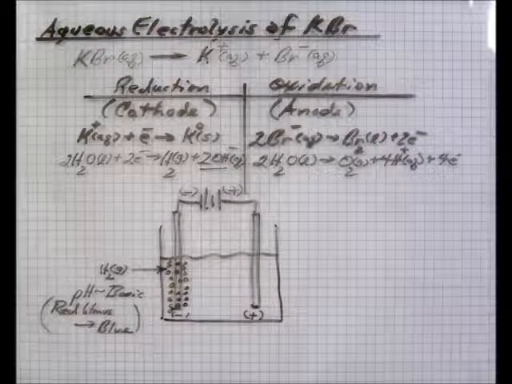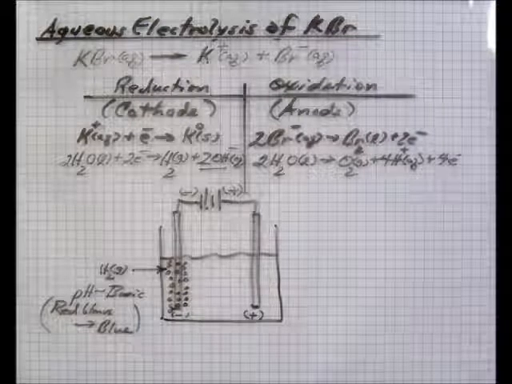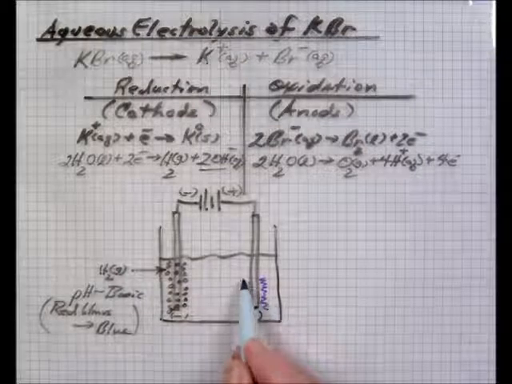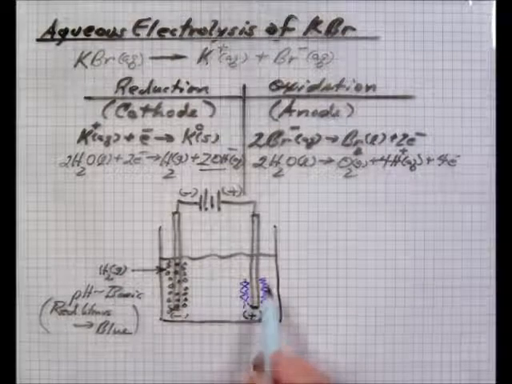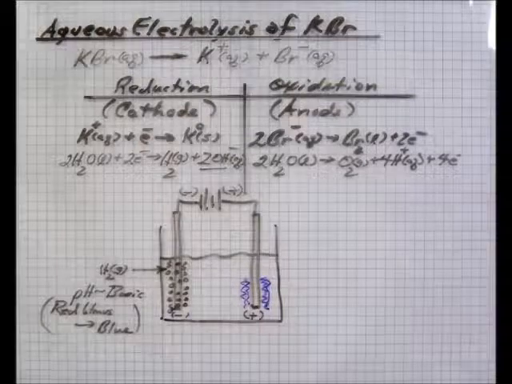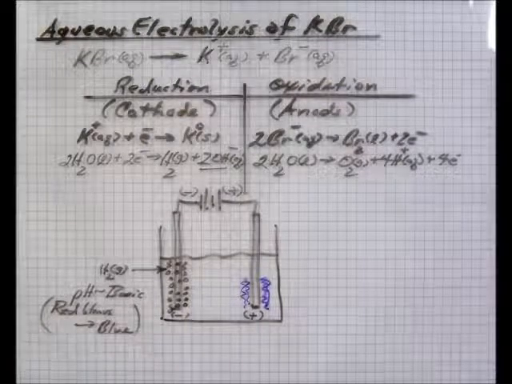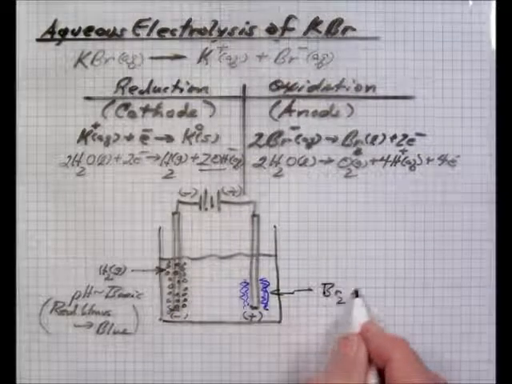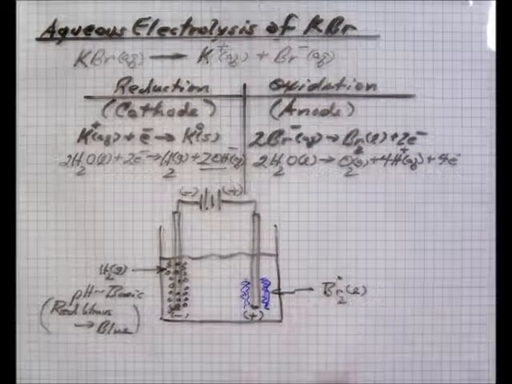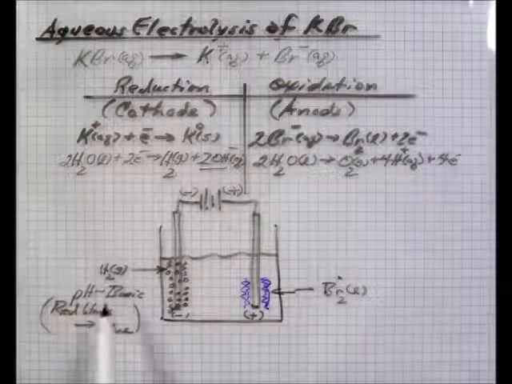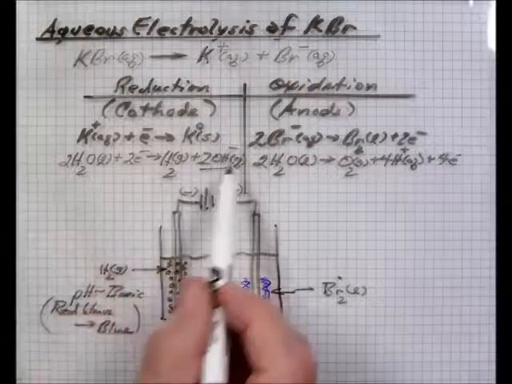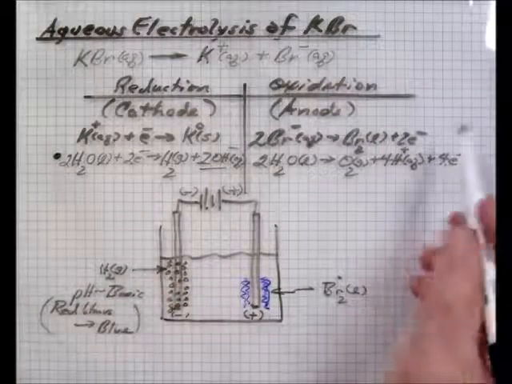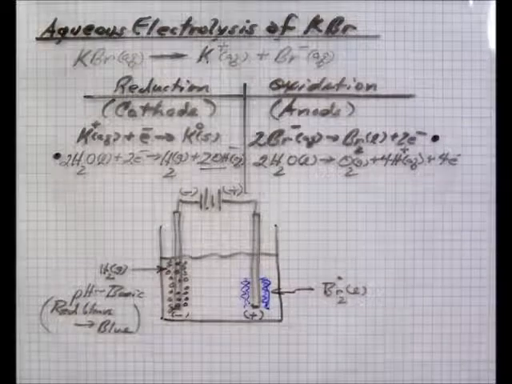And to be more graphic about it, you'd see a kind of purple liquid being formed around the electrode, which would represent formation of bromine liquid in its basic standard state. So the dominant reactions would be the reduction of water and the oxidation of the bromide.